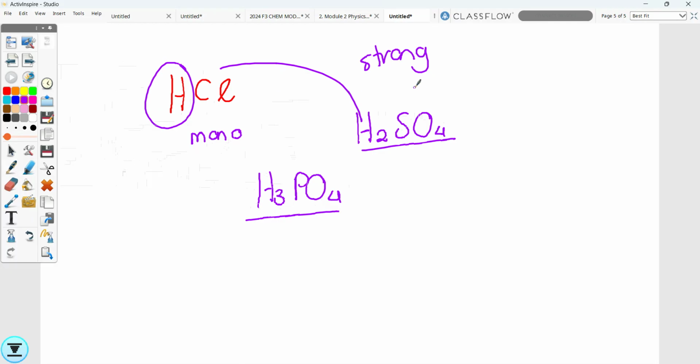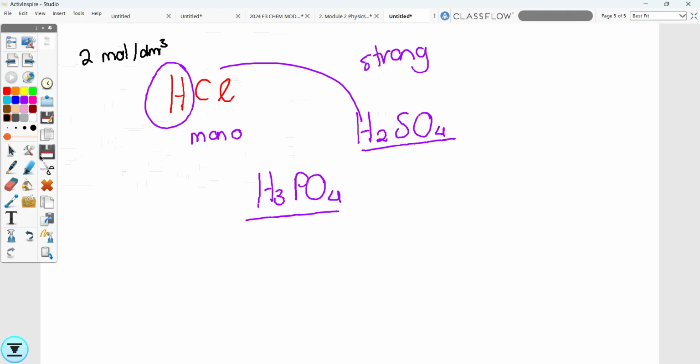Now, in the test, we're not always going to ask it like that. We're going to say, which one of these three, if the concentration is the same, so let's say they all have a concentration of 2 mole per cubic decimeter, which one of these will conduct electricity the best? I've got a HCl, I've got an H2SO4. H2SO4 donates 2. Guys, remember, what does conductivity depend on?